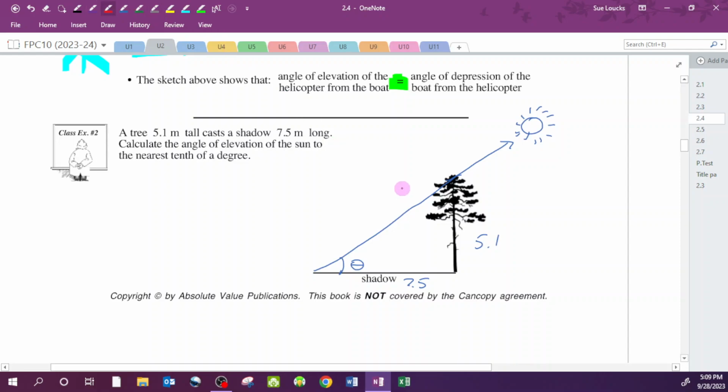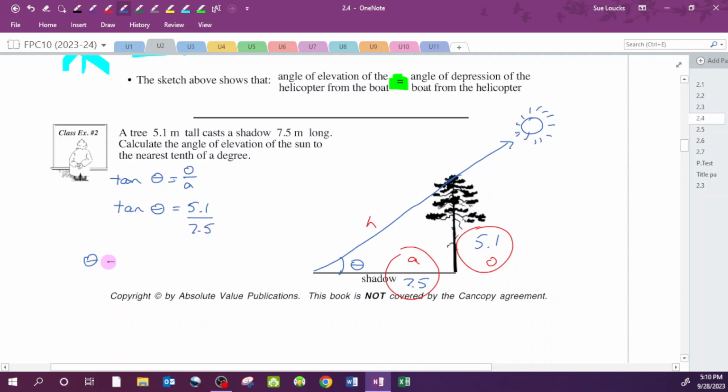And then I label my hypotenuse, my opposite, and my adjacent, and I can see that I'm going to use tan, because tan theta equals opposite over adjacent. So tan theta, and I'm just going to use theta because that's as good a variable as anything for an unknown angle, is going to be 5.1 over 7.5.